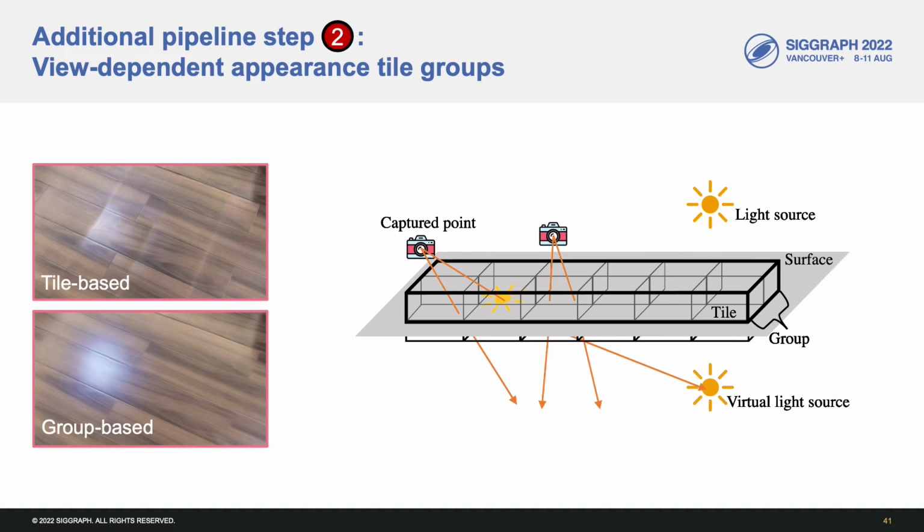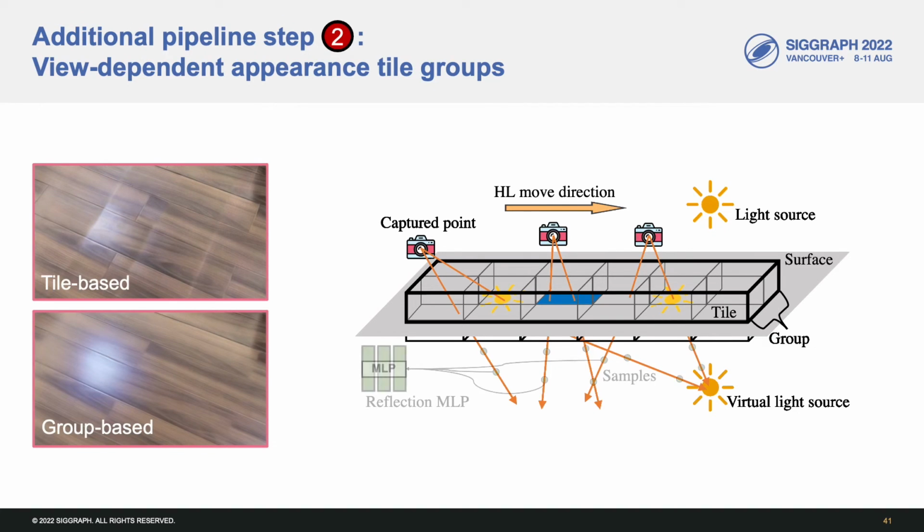Here, the middle camera misses the highlight entirely, and correspondence to the virtual light can only be formed between distant tiles covered by the left and right cameras. But if we include all of these tiles within a group, then the reflection MLP is able to work much better from all of these included samples.